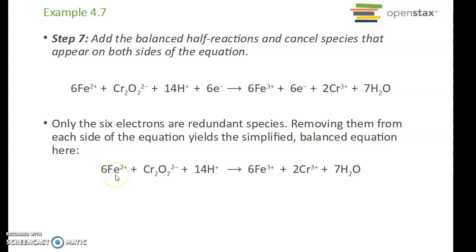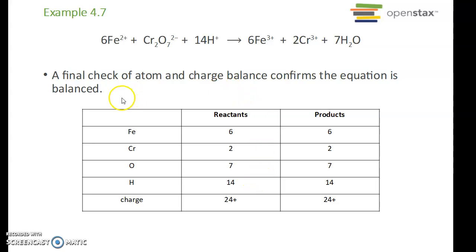6 iron 2 plus, 1 chromate ion, 14 hydrogen ion. So a final check for the balance shows that all of them, in terms of charge and everything, are balanced. You've got plus 2 here times 6, 2 minus here, 14 here.